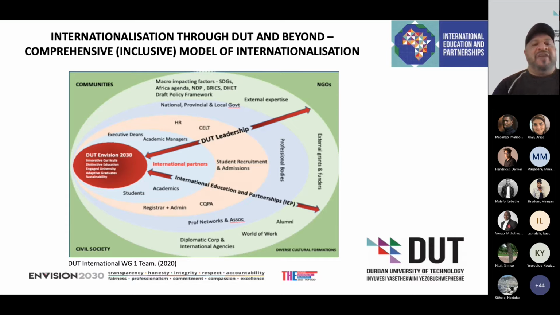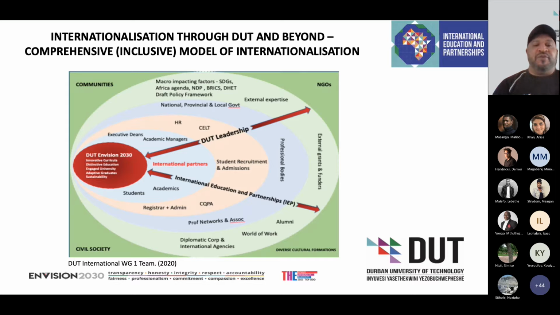And you can see we have various layers of engagement. At the heart of our internationalization efforts are our faculties and our academics and our international partners and our students. And then we don't leave it at that. We take it to the next level of working with other divisions like the HR division, our Center for Excellence in Learning and Teaching, our Student Recruitment and Admissions division, which at DUT is separate from the international office, but I understand that UJ is part of the office.